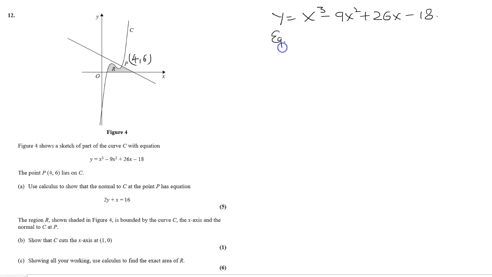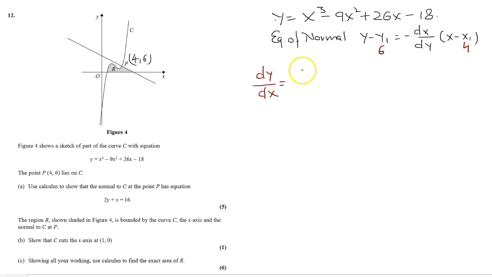So equation of normal is y minus y1 equals minus dx over dy times x minus x1. We have to find at the point P. So at point P, x is 4, so x1 is 4, y1 is 6. We don't know what dy over dx is, so let's calculate dy over dx of the equation.